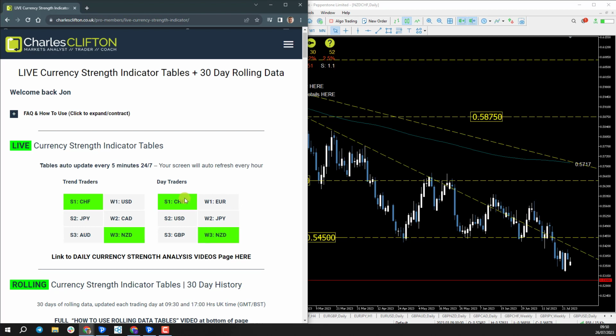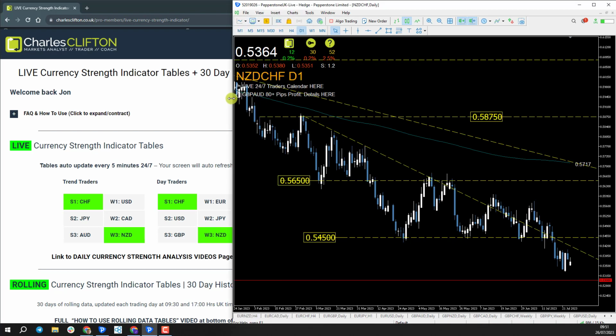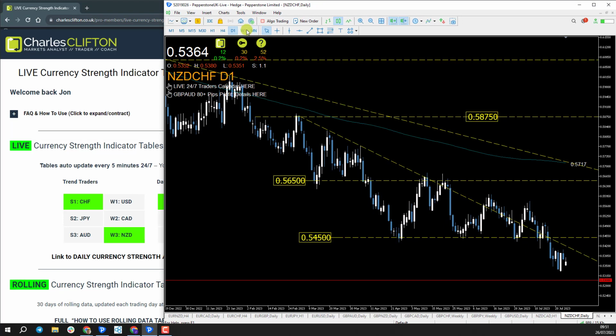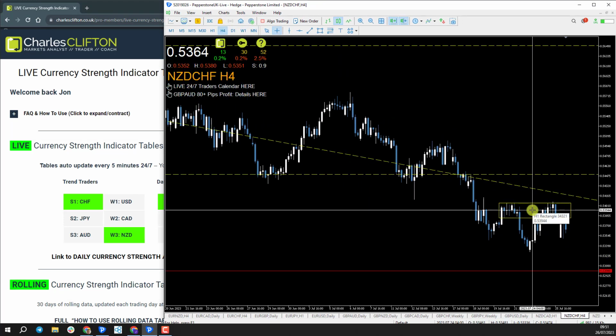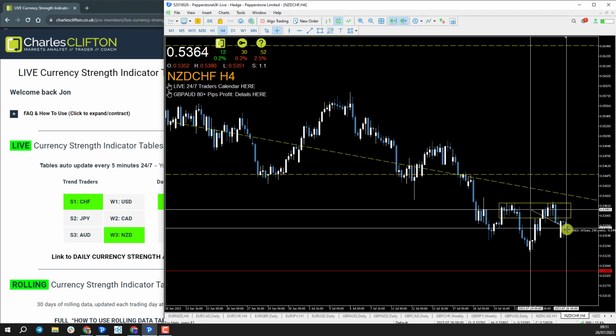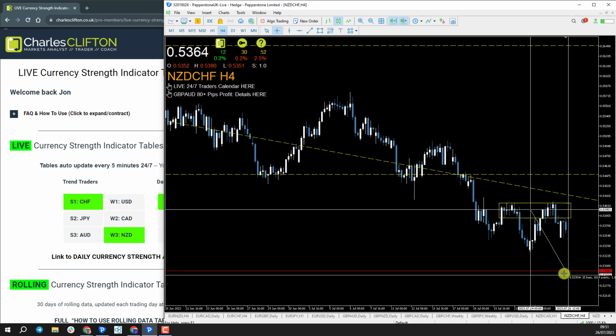Now, Kiwi Swiss is a chart that we featured a few days ago. We were looking for some further downside on this market, and in particular if we go down to the 4-hour time frame, we were talking about if price could get back in and around this zone here, we could look for the short trading opportunity. If you are in that position at the moment, you're around about 30 pips up.